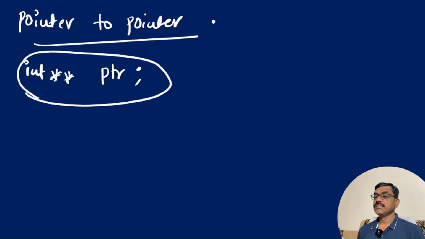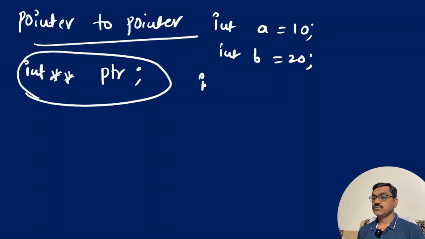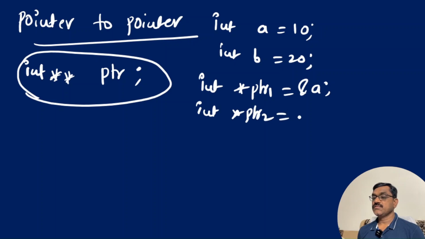For example, we have variables like this: integer a equals 10 and integer b equals 20, right? And now we have the pointers: integer star ptr1 equals ampersand a, and another pointer, integer star ptr2 equals ampersand b.